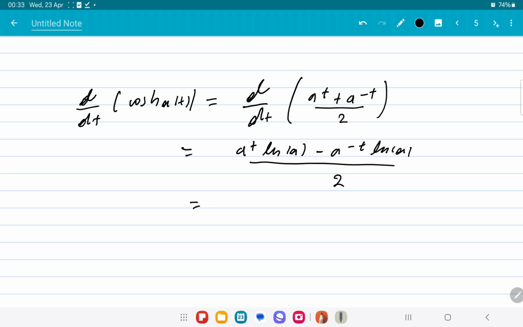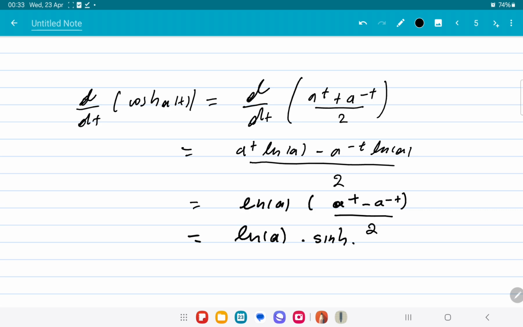I can take a common factor ln a, which is the natural logarithm, and inside the brackets I have a to the power of t minus a to the power of minus t divided by 2. So that's natural logarithm of a times sine hyperbolic of a t.